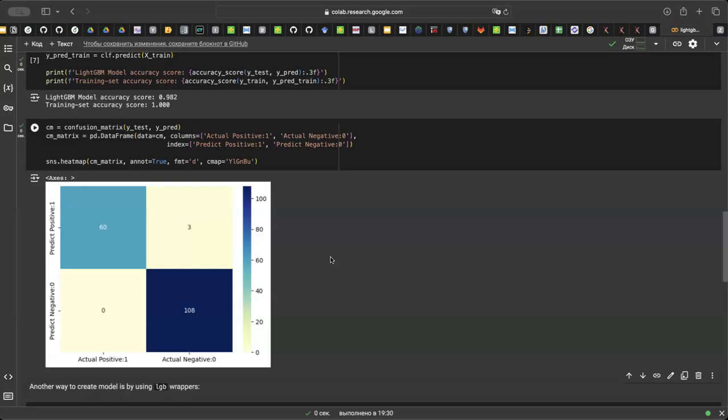Okay, so here we have a matrix, and if someone can calculate precision and recall using this matrix right now.